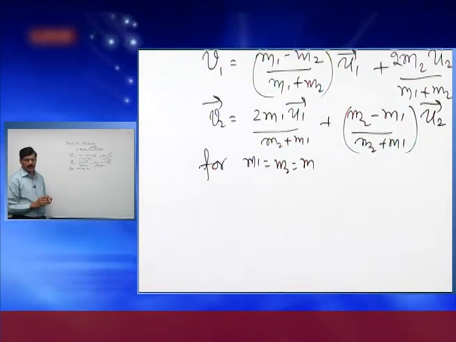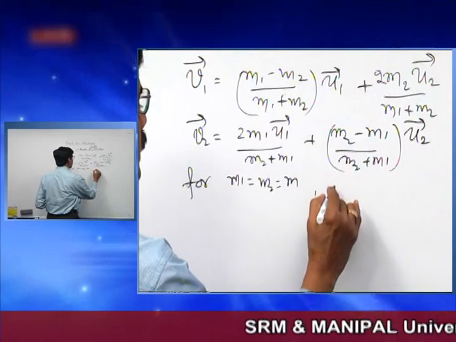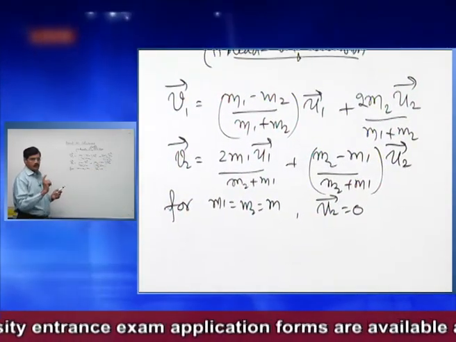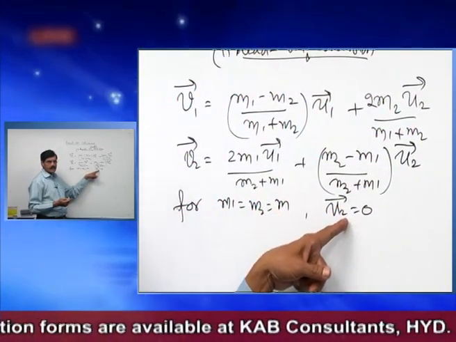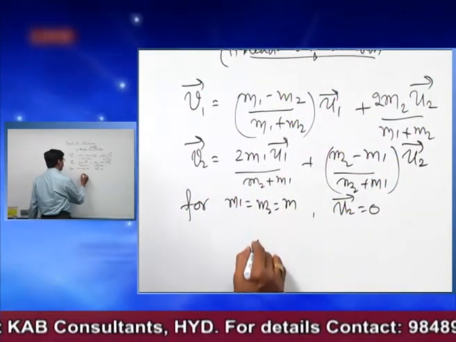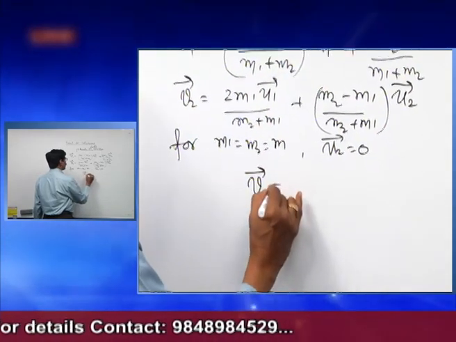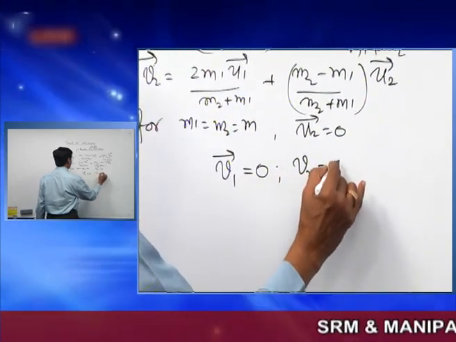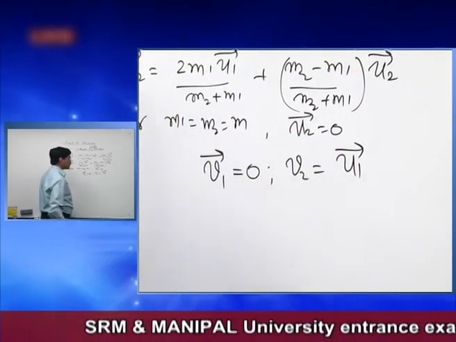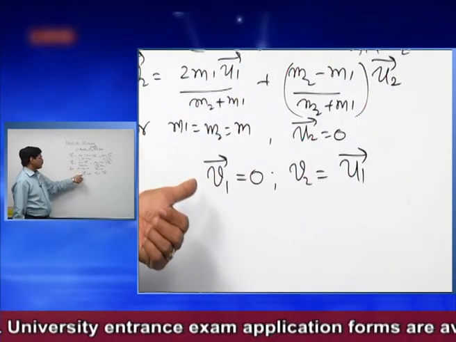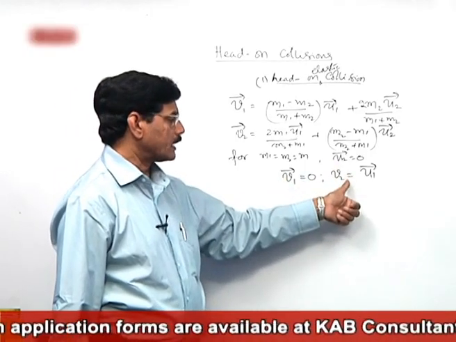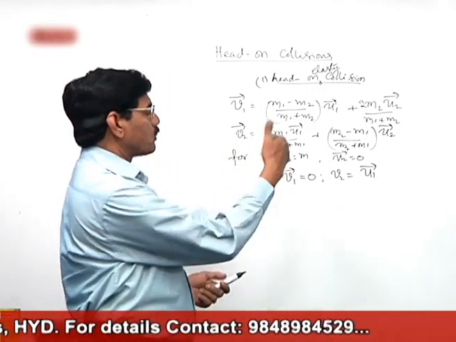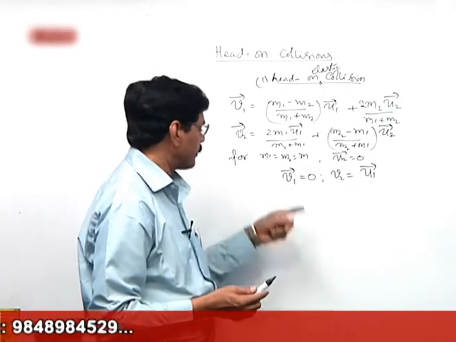Two bodies are identical and assume that the target body is initially at rest, that is, a body moving towards another identical body which is at rest. In this case what we get is v1 is equal to 0 and v2 is equal to u1. Means what? The first body which was moving comes to rest and the second body takes up the velocity of the first body before collision, means it transfers its velocity to the second body.